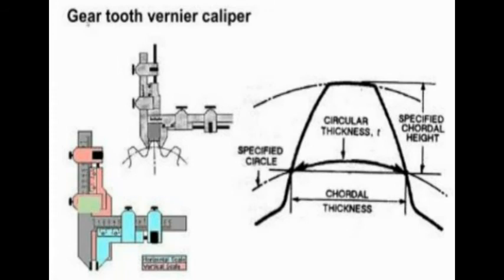After adjusting the tongue, the gear tooth caliper is placed on the gear tooth which is to be inspected, and then the jaw should be moved and the thickness measured. If the chordal tooth thickness is to be measured, then we should find the value of the chordal height, fix that value, and then measure the chordal thickness.